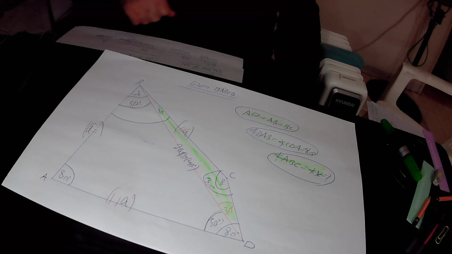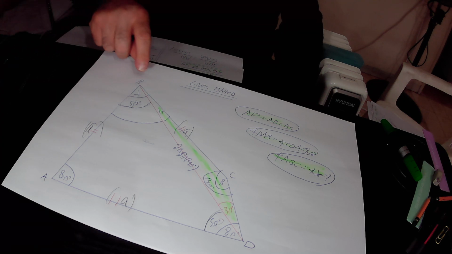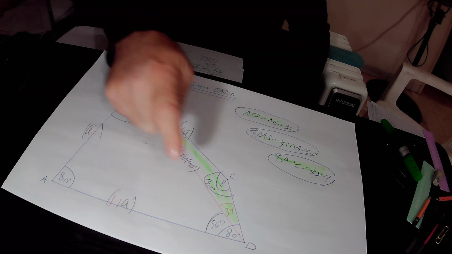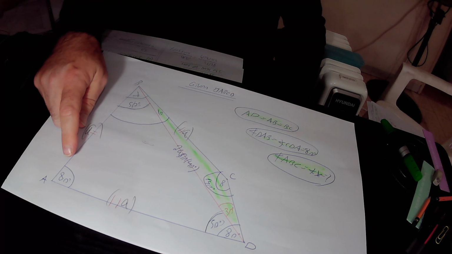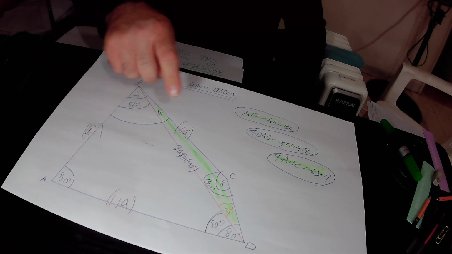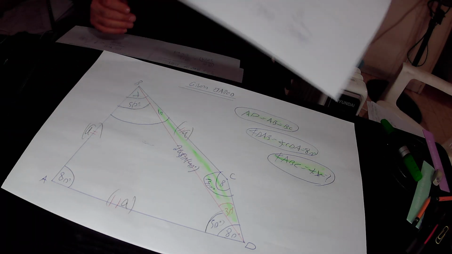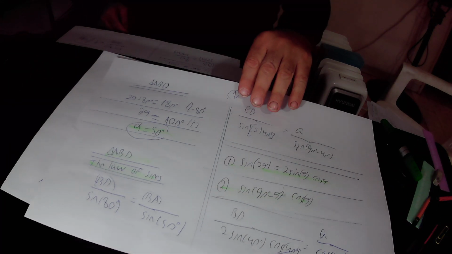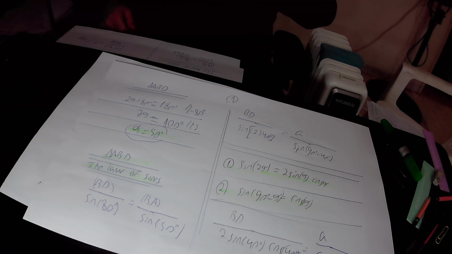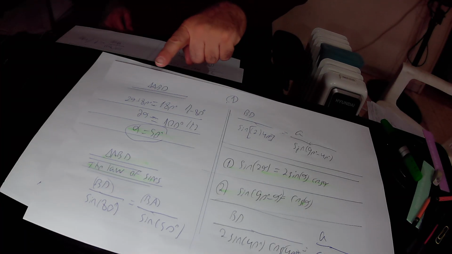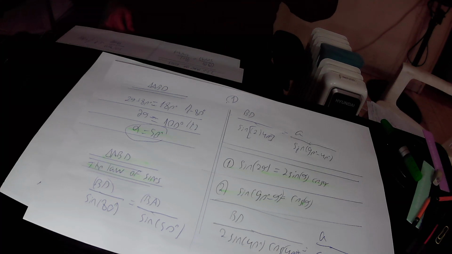And we also know that the sum of the angles in any triangle is equal to 180 degrees. That is to say, alpha plus alpha, that is 2 alpha, plus 80 degrees must be equal to 180 degrees in this triangle ABD.